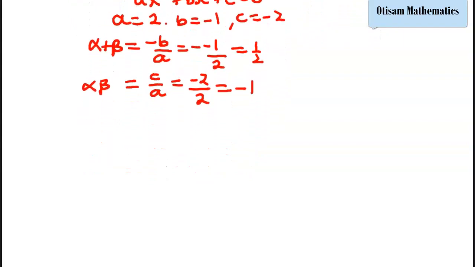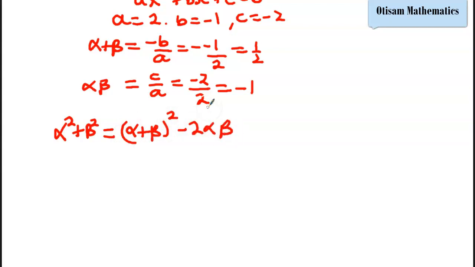So let's come to our symmetric function. We are to evaluate alpha squared plus beta squared. And from our useful expression, we said that alpha squared plus beta squared in terms of alpha plus beta and alpha beta is alpha plus beta all squared minus 2 alpha beta. So you just substitute these values.